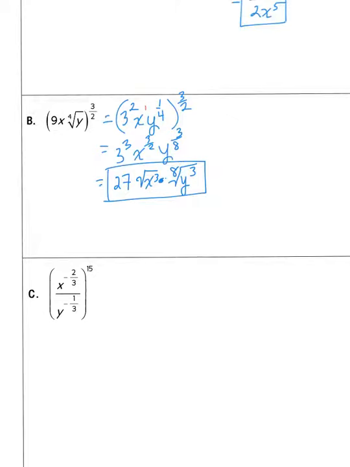Or your previous answer would be fine, as long as you multiplied the 3 to the third out. So this is just an ugly, kind of weird question. So those are your two choices.